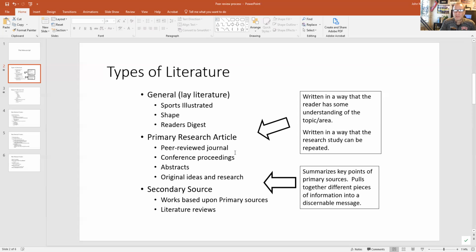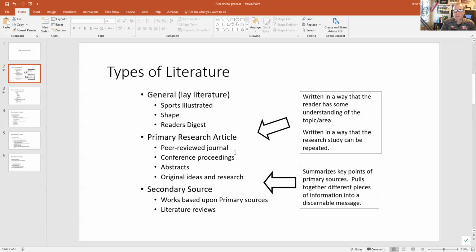And what the authors have done is they've taken a lot of literature on a particular topic and then wrote sort of a summary of all that literature and how all those different primary sources sort of add up to a particular message. These are very important bodies of work.